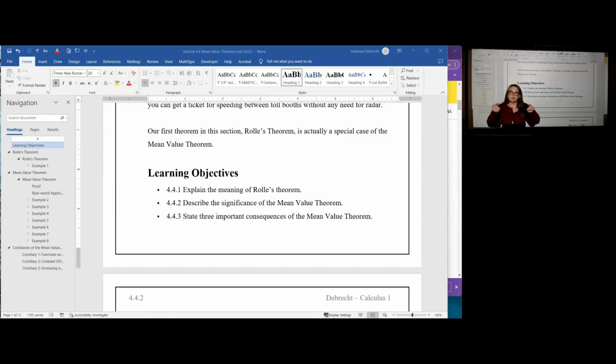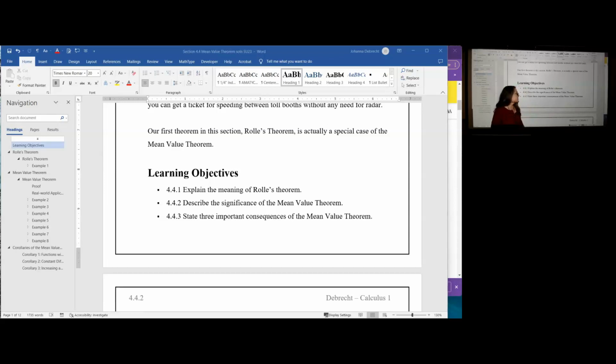If the y values are equal, then the secant line must be horizontal, which tells us by Rolle's theorem that somewhere between A and B, there has to be a point where the derivative is 0. Now, this is important because those are the locations of possible extrema. It's not guaranteed, but when the derivative is 0, we know we have a critical point.